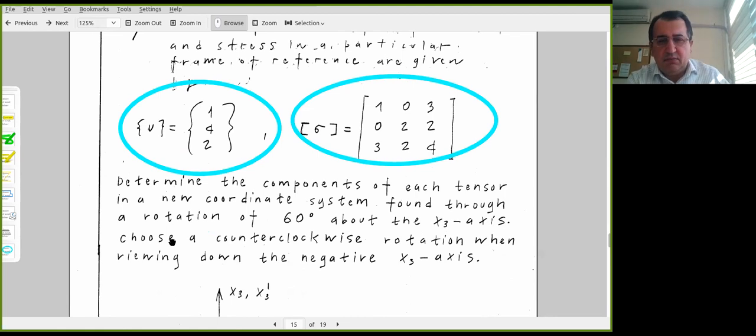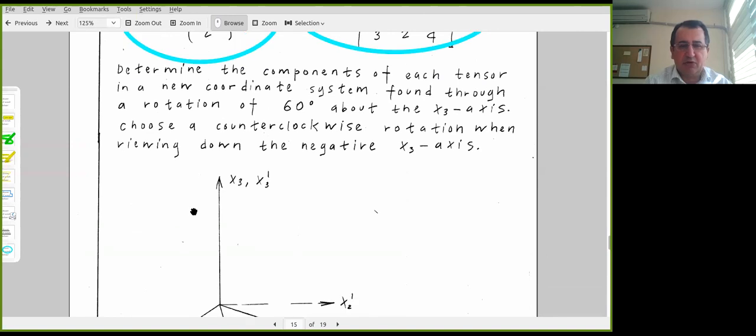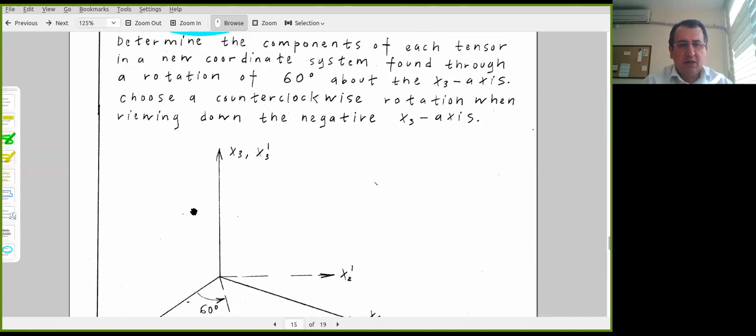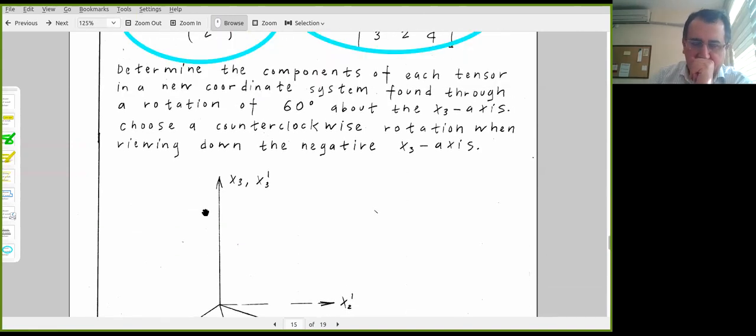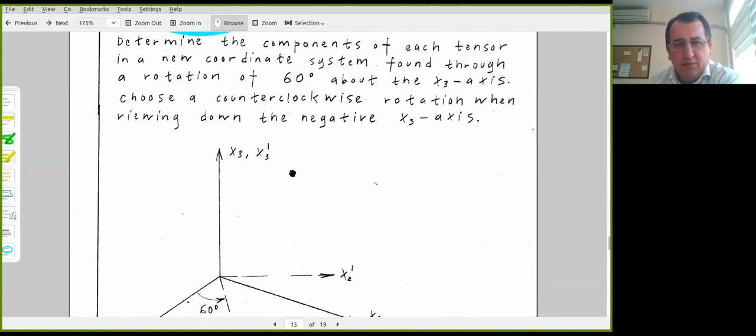Choose a counterclockwise rotation when viewing down the negative x3 axis. These definitions are important. We may define such simple definitions.